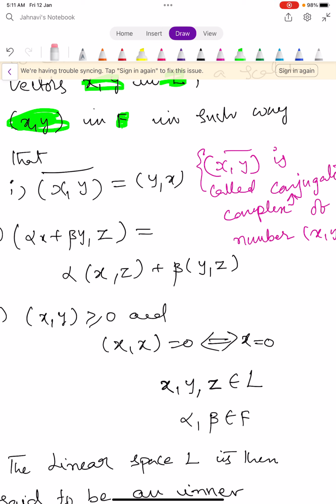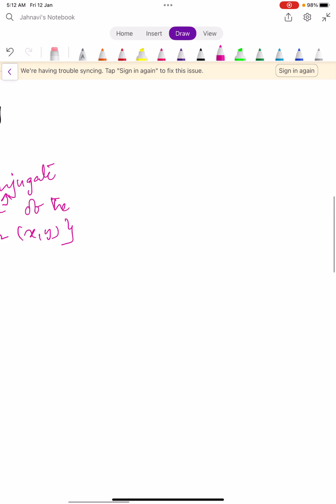Remember that in this definition, x comma y does not denote the ordered pair of vectors x and y, but it denotes the inner product of the vectors x and y.